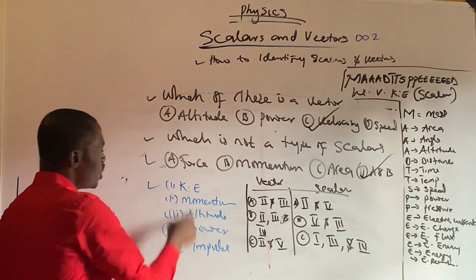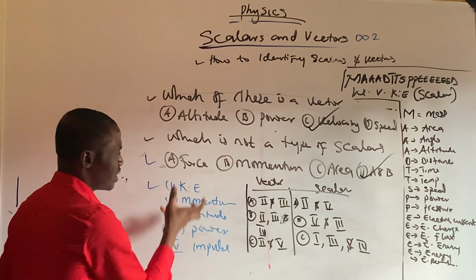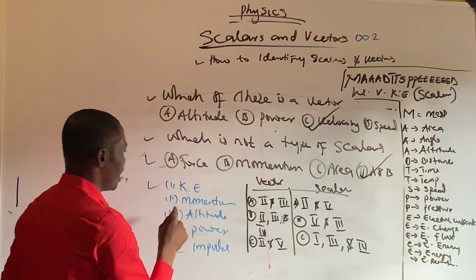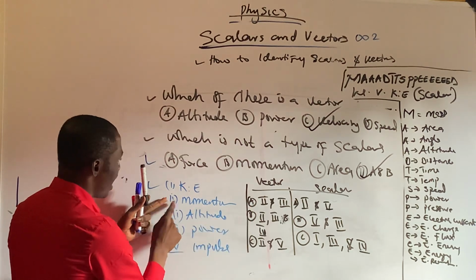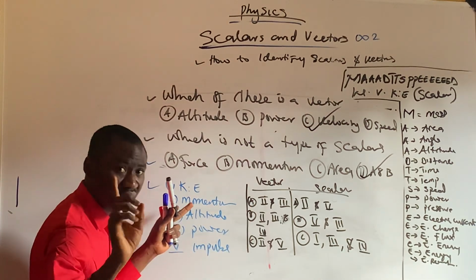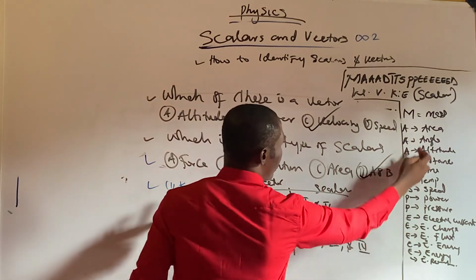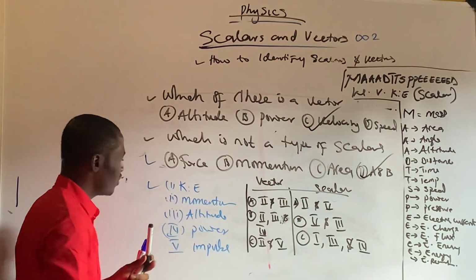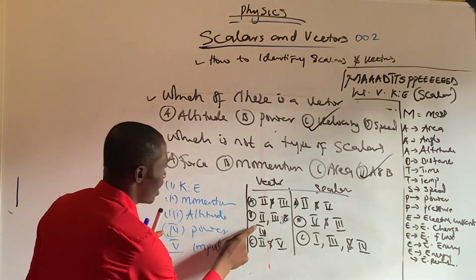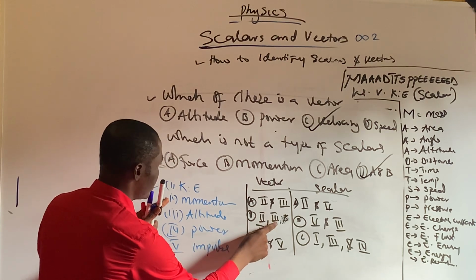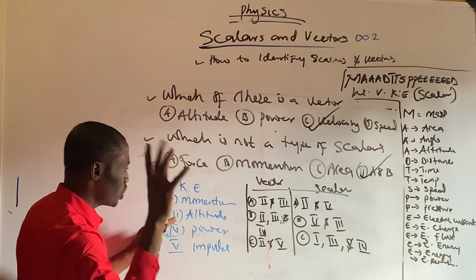Now, you have the list. Which of the list is a vector? Momentum is a vector. Altitude is a scalar, so it's not a vector. Power, no, that's not the answer.